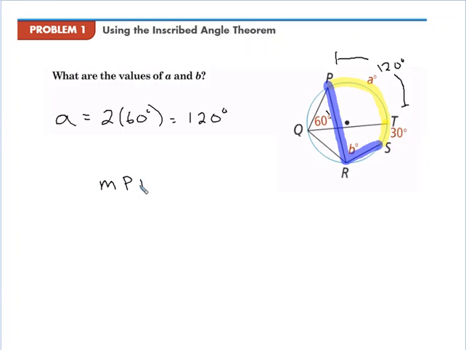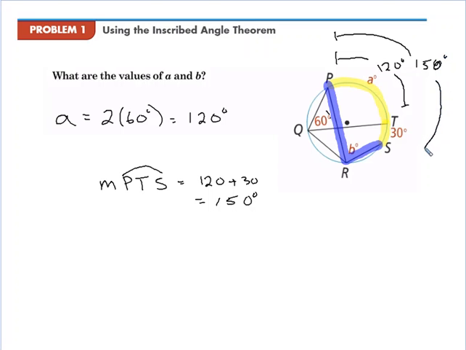The measure of arc PTS is 120 plus 30, in other words, 150 degrees to go all the way around from P to S this way. Now the inscribed angle associated with that arc is the one with B on it that we want to know, and it is right here.